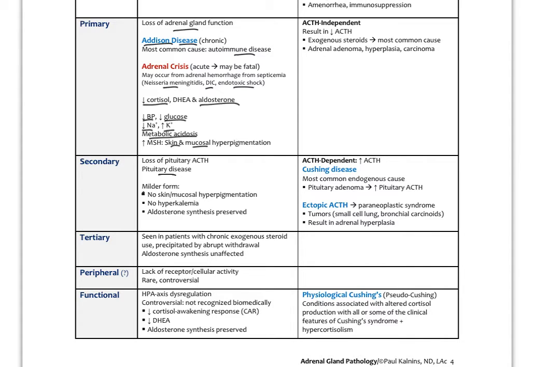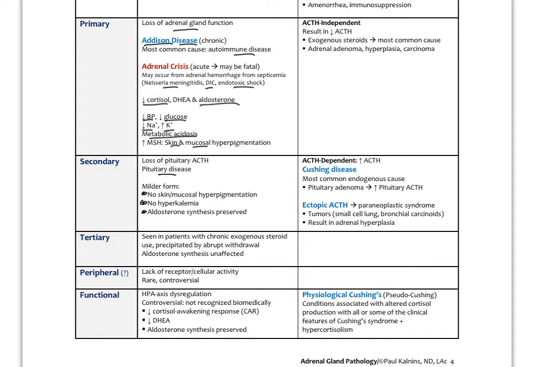So there'd be no skin or mucosal hyperpigmentation because in this case ACTH and MSH will be low, no hyperkalemia, and usually aldosterone synthesis, because that's regulated through the renin-angiotensin system, is still functional. And the gland is still functional, it's just not being properly stimulated by ACTH. So usually the blood pressure dangers of severe hypotension don't occur with secondary adrenal cortical insufficiency.